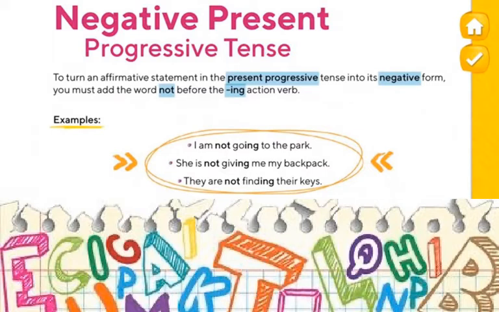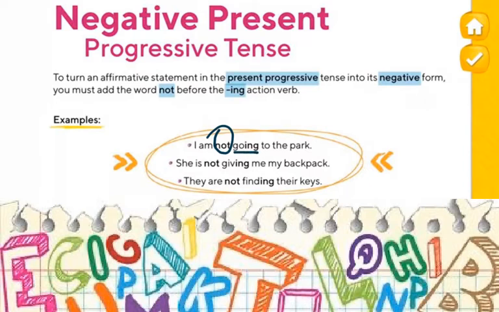She is not giving me my backpack. They are not finding their keys. As we can see, the word not is before the action verb with the ing.